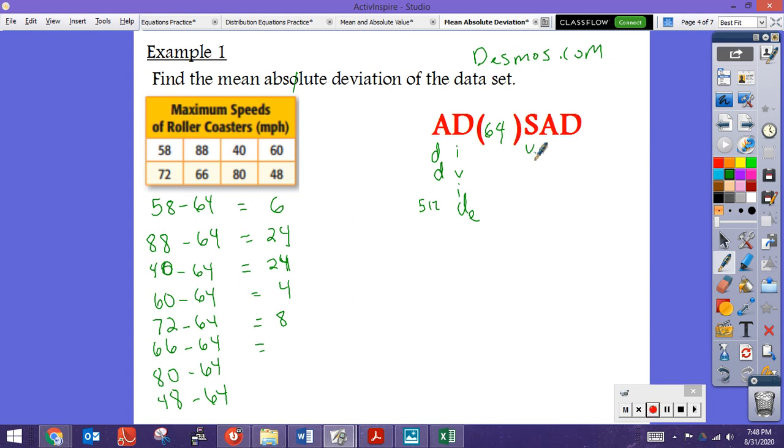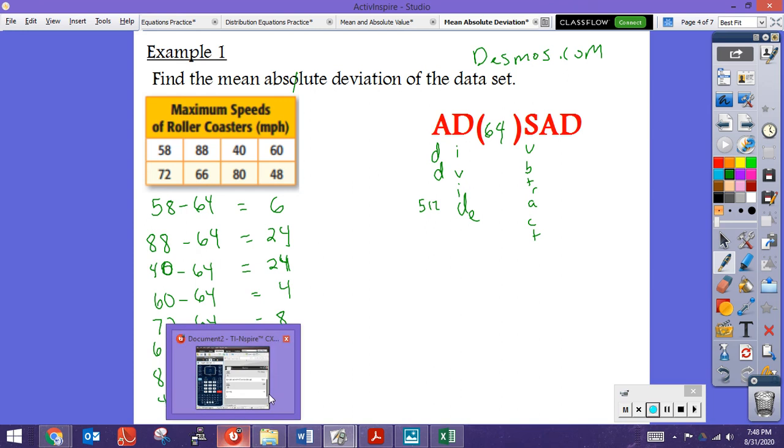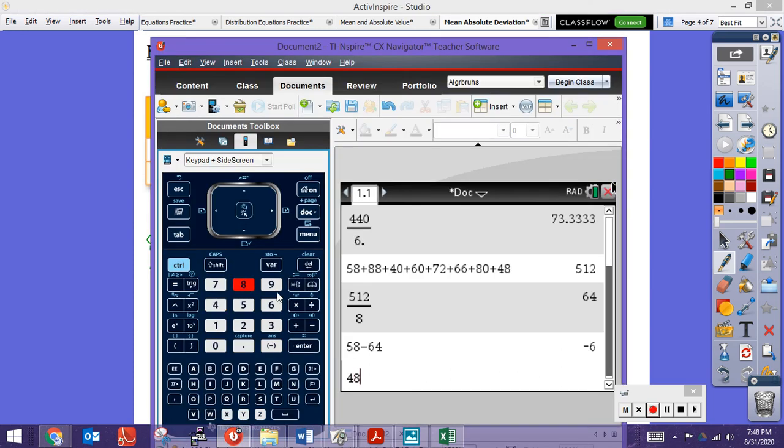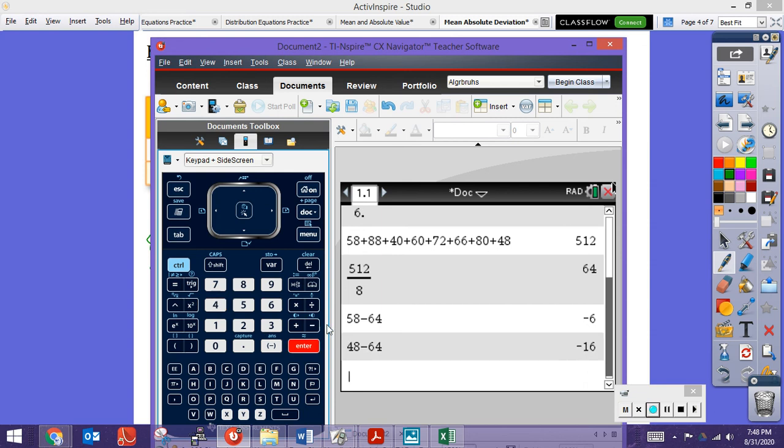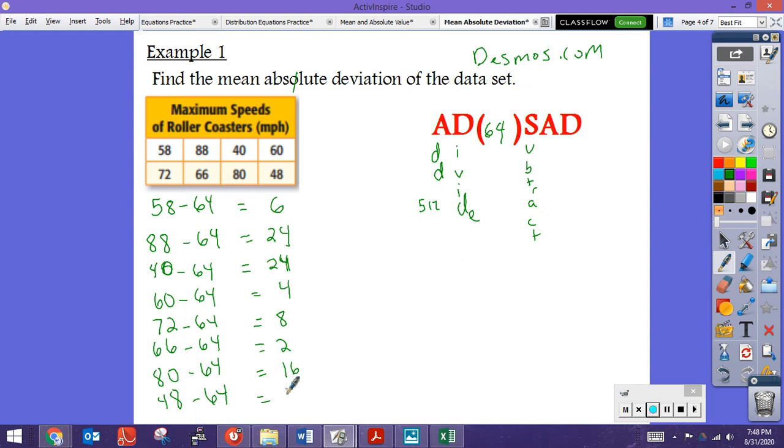So again, this is the subtract stage. 66 minus 64 is 2. 80 minus 64, 16. And 48 minus 64, I think it's 16. Yeah. So again, I'm taking the absolute value here, so it doesn't matter if that's a negative 16. I want to know how far is 48 from 64, which is 16.